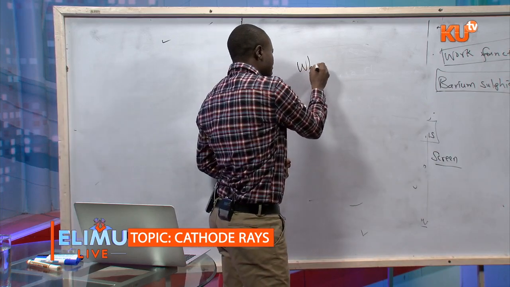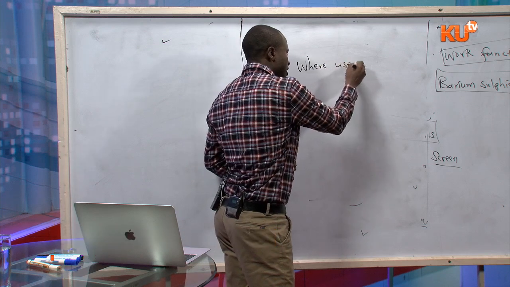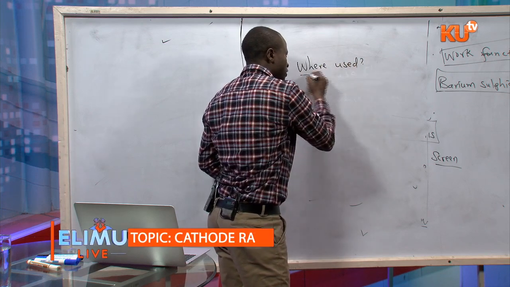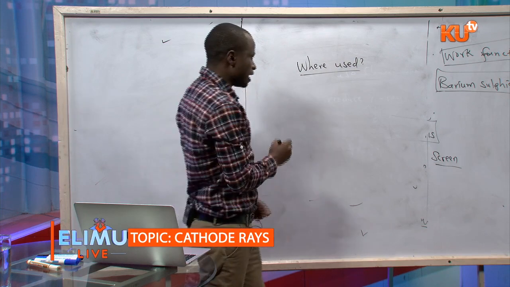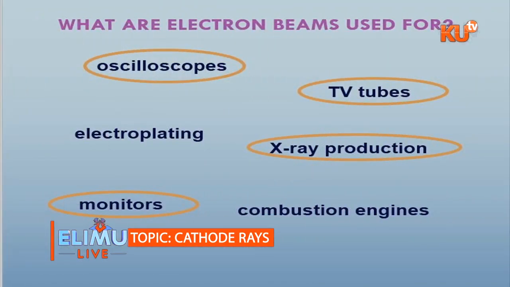Someone may ask you, where do we use the beam of electrons, what we are calling cathode rays? In our next slide, you will see we can use them in so many appliances, but the ones that are circled, those are the ones that we will look at later on.